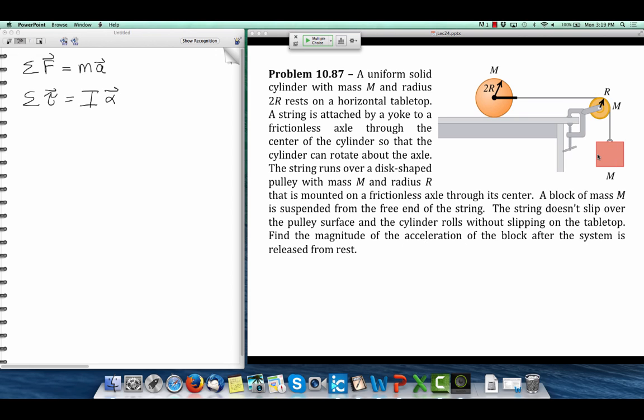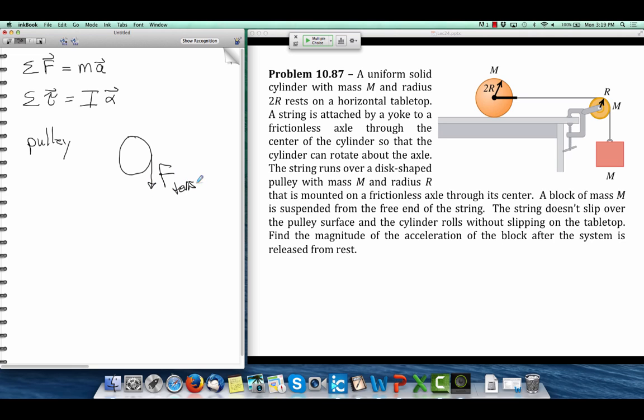Let's do the pulley first. The reason I want to do the pulley first is that it tells you something really important. There's a tension force by the string, and I'm going to say by the vertical string, because there's another tension force.